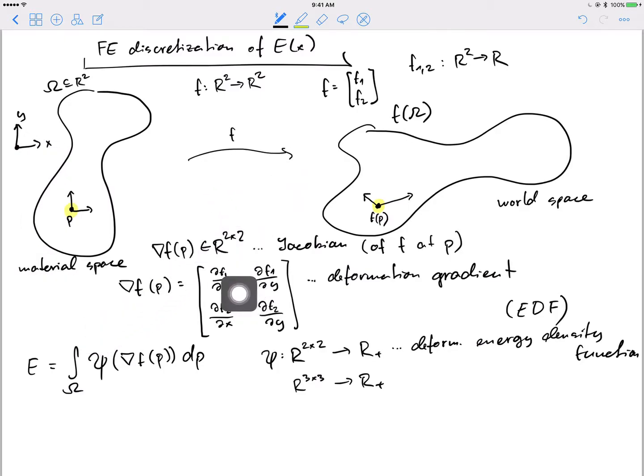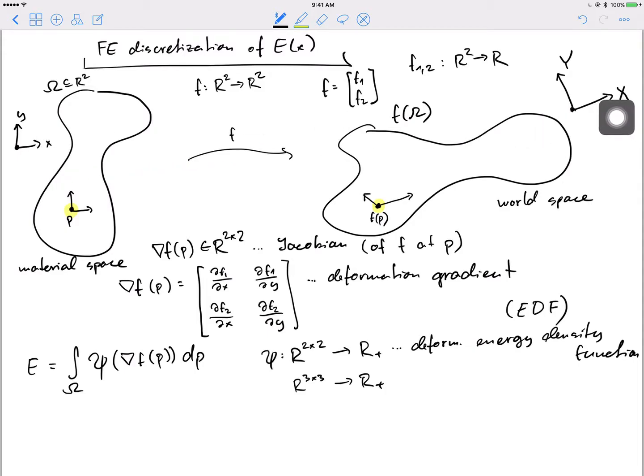And you're kind of right that the 1 and 2 could also be called x and y. But the x and y would be in the world space coordinates, okay? Because I could actually define a different coordinate system if I wanted to, which sometimes is not a bad idea. Sometimes people write this with uppercase and lowercase letters, which is what you can usually see in continuum mechanics textbooks.